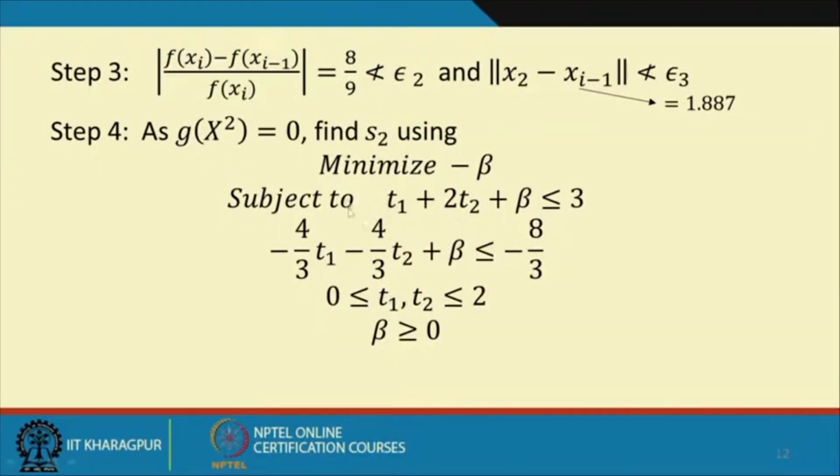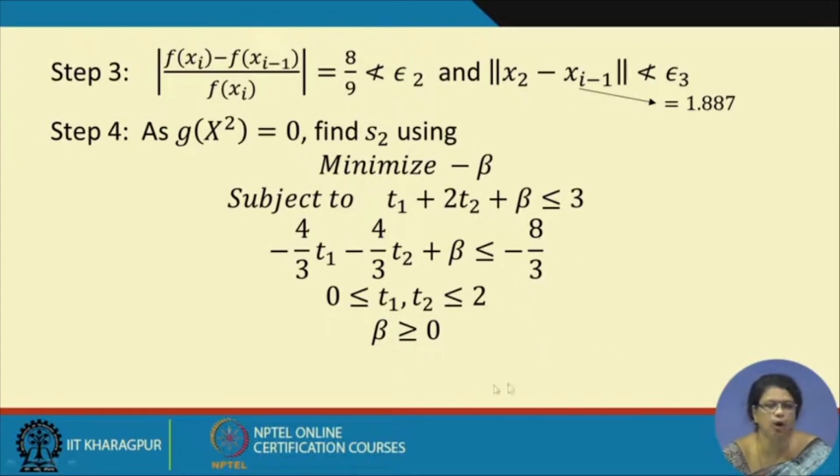Usable direction is coming as minimization of minus beta, subject to T1 plus 2 T2, because my x2 is (4/3, 4/3), plus beta less than or equal to 3, minus 4/3 T1 minus 4/3 T2 plus beta less than or equal to, by considering theta equal to 1 again, and T1, T2 in between this.